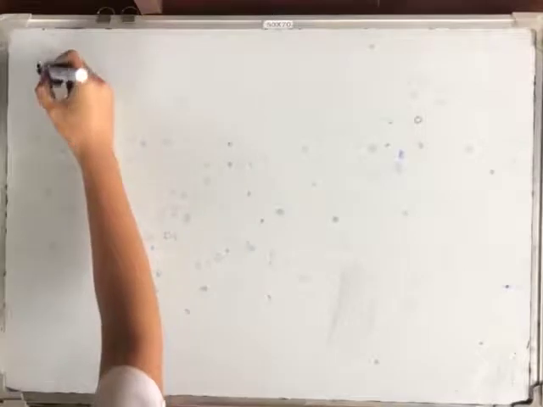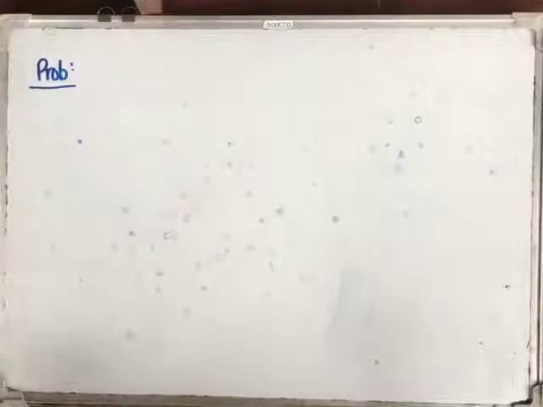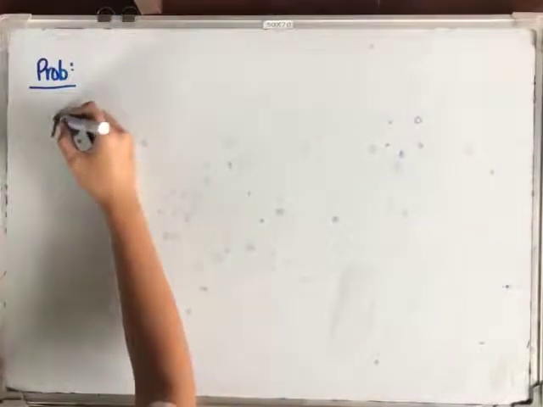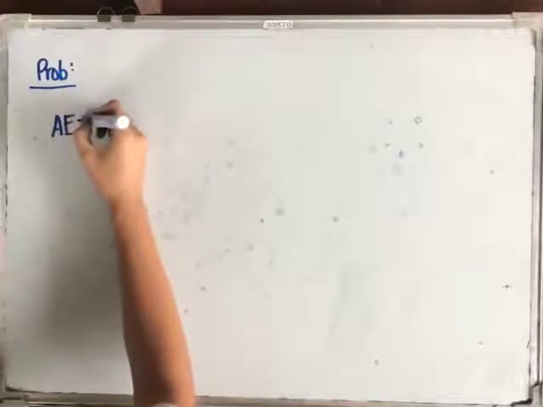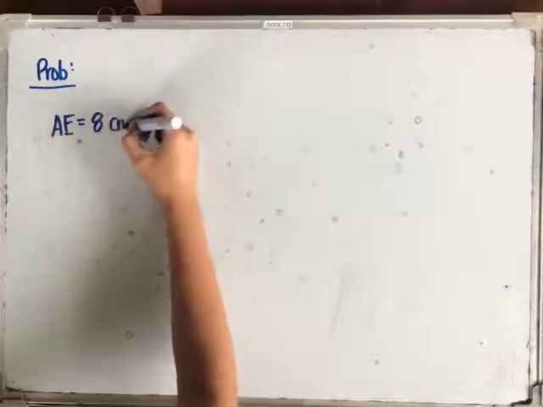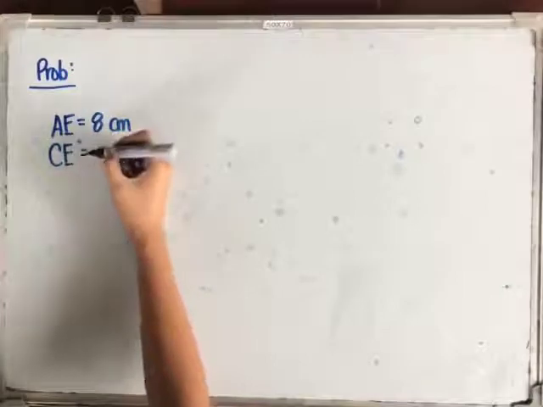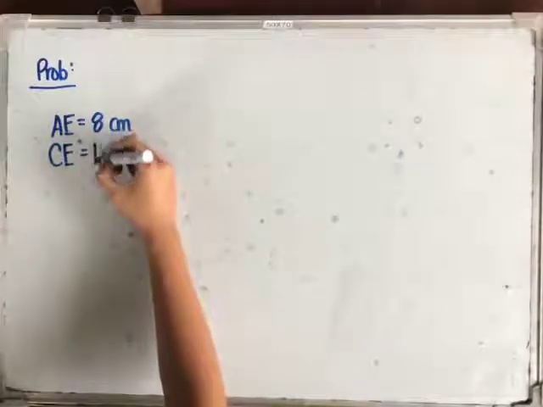So here we have a problem on circles. We have this, say, first problem here. Chords AB and CD intersect each other at E inside the circle. Okay? AE is given, that is 8 centimeters. And then we also have CE, that is 12 centimeters.